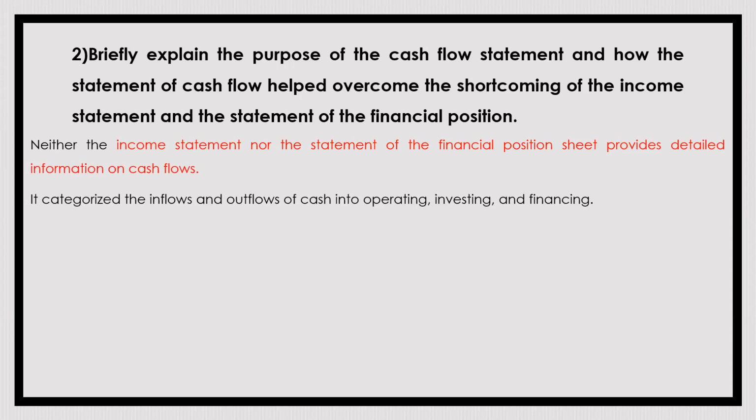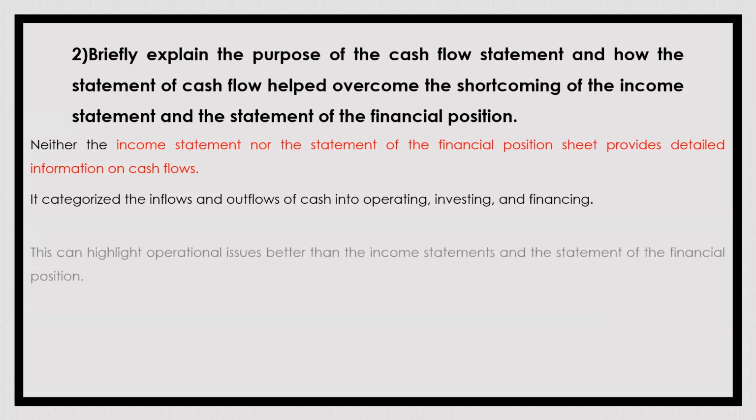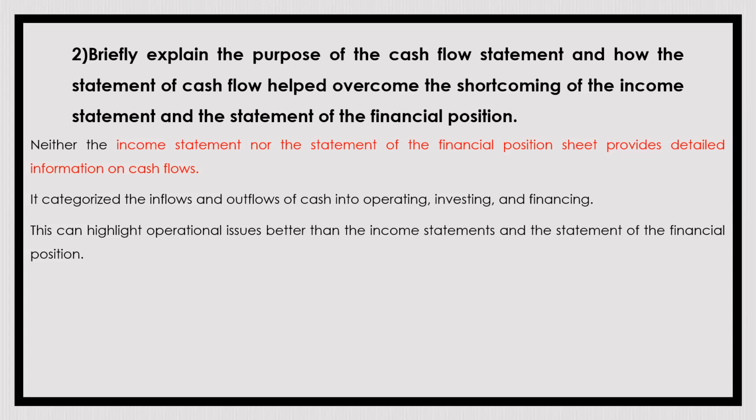The cash flow statement categorizes the inflows and outflows into operating, investing, and financing. This can highlight the operational issues in a better way than the income statement, as well as the statement of financial position. Because if we have a negative cash flow in the operations, we can see the main issue in the operational activities.